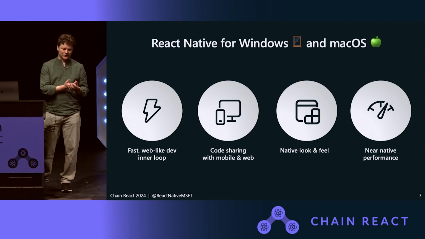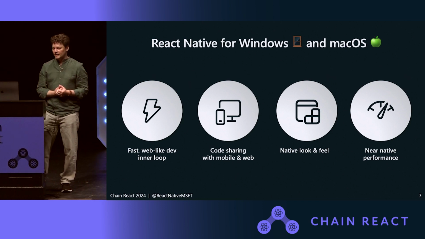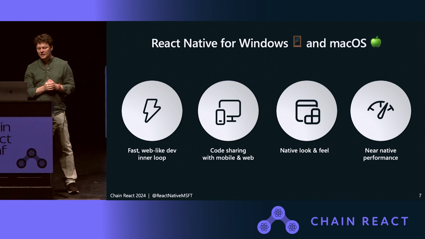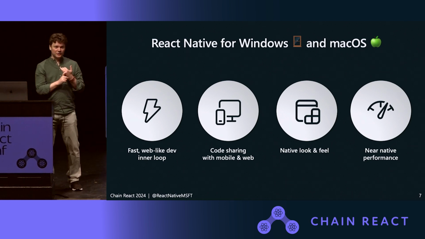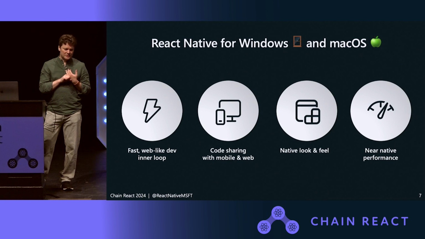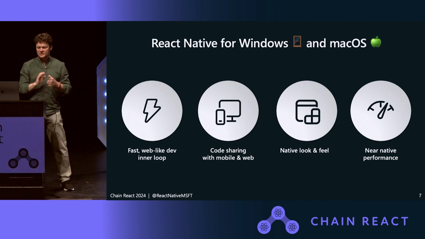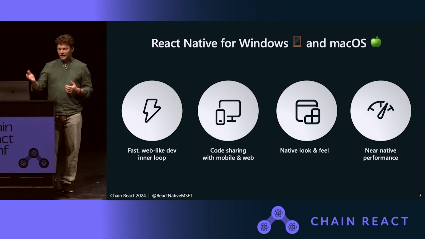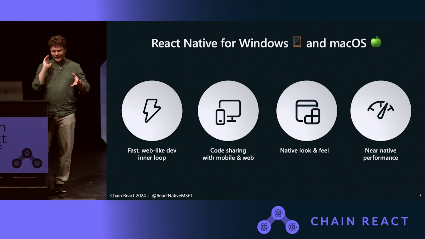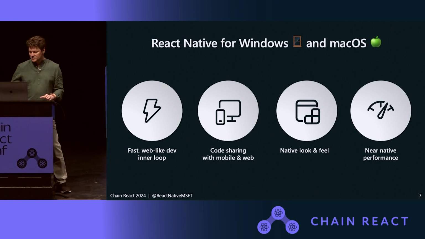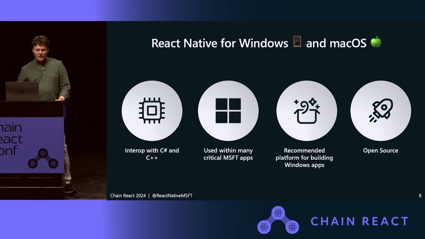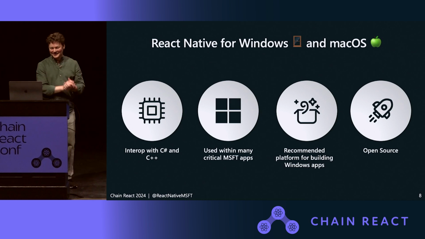It can really improve the speed of the rollout of how a feature can be implemented. We've got native look and feel. That's a huge one. Customers don't care about what tech it is. They just want to make sure that the app looks as it's supposed to look on whatever device they're using. And with React Native, we've got near native performance. There's no lag or anything. It's pretty optimized.